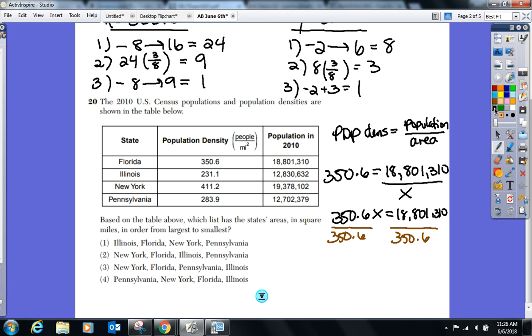The other thing to pay attention to is the directions. You're going largest to smallest. Largest to smallest. Once you find out that all you have to do is take population divided by the density, it goes pretty quick. You don't have to set up a proportion every time.